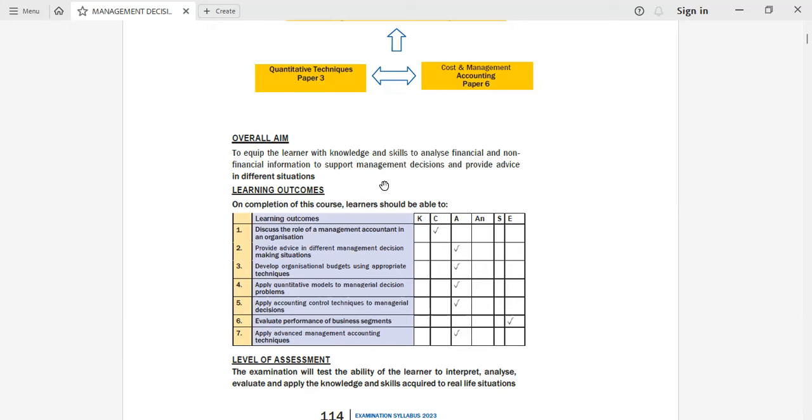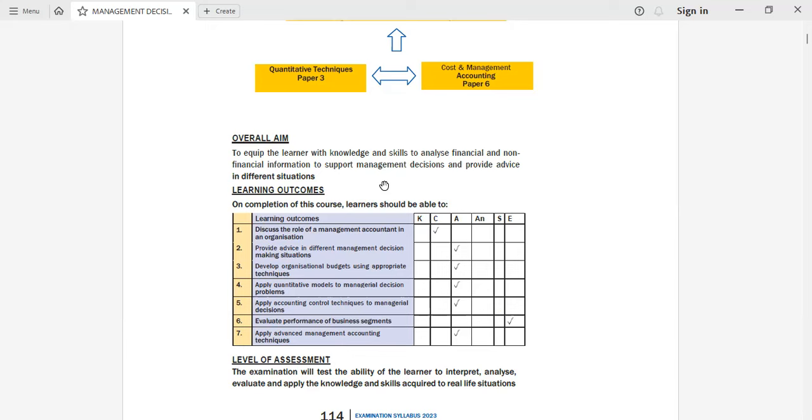The reason why they named this paper this way is because it is based on some of the accounting aspects. Some of the things that we see in accounting, we find them also here under management.